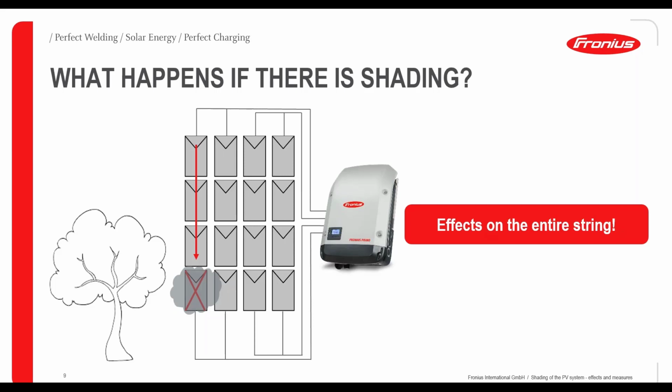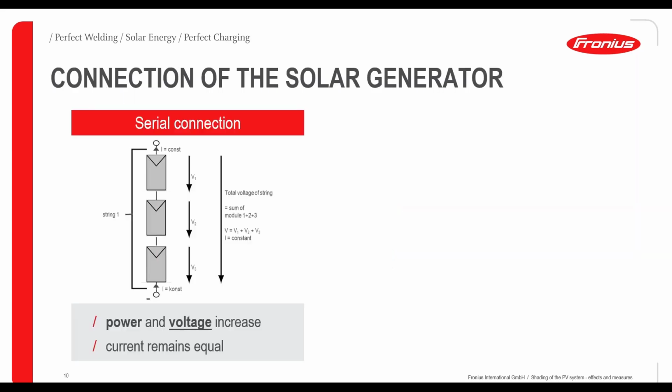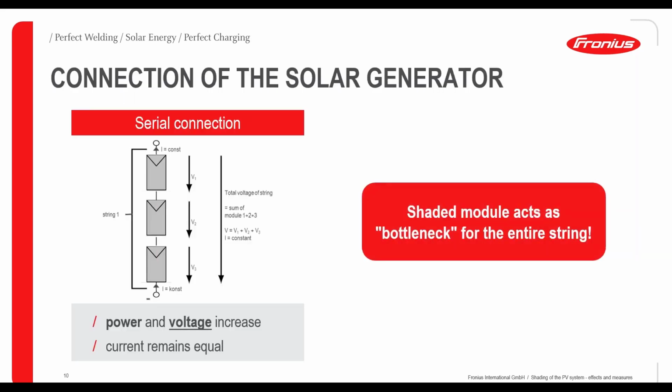Actually, it affects the entire string. The entire string is affected just by shading this one module. Why is that? That can be answered by the simple basic rules of electronics. Let's say we have a serial connection in this PV generator, in this one string.